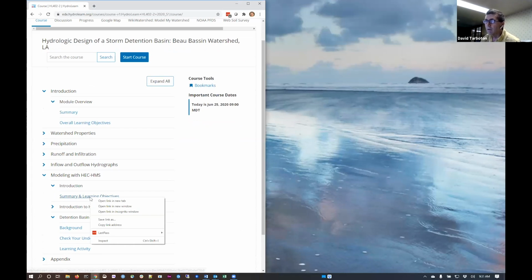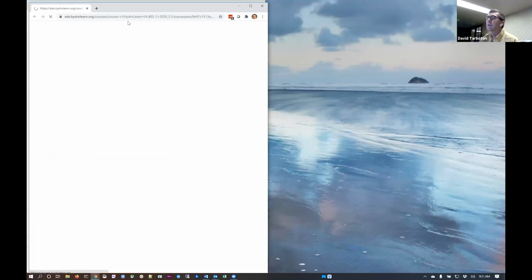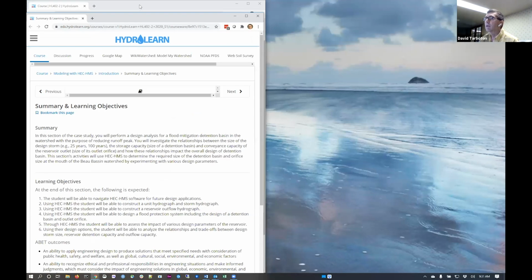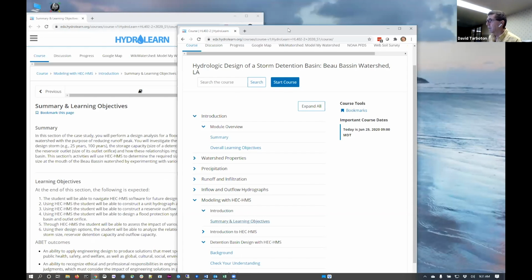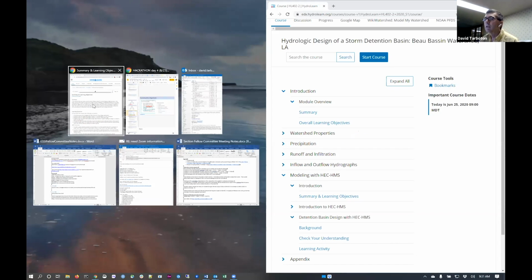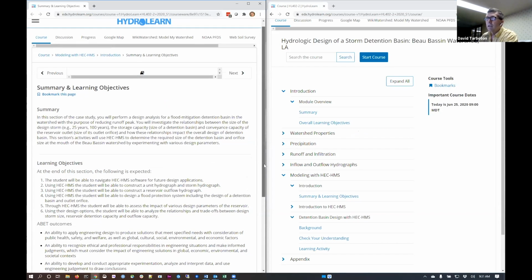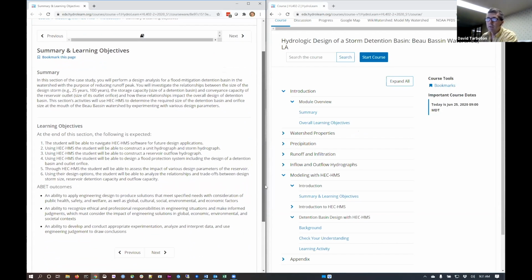I'm trying to get my screen organized here. If I open this in a new window, I can have the learning objectives on one side and the module on the other side. We'll go through and look for the appropriate constructive alignment.